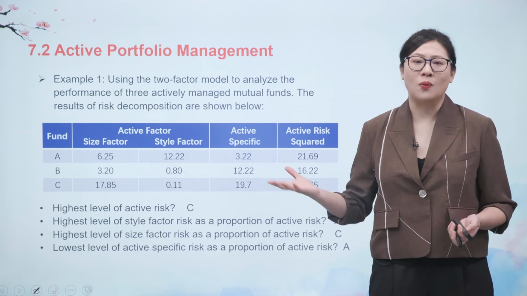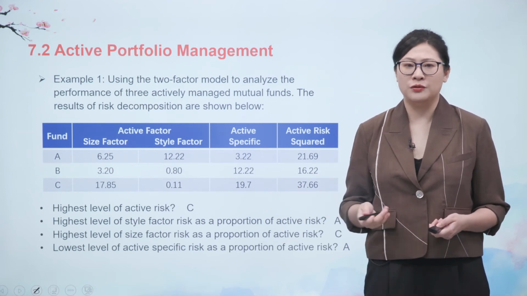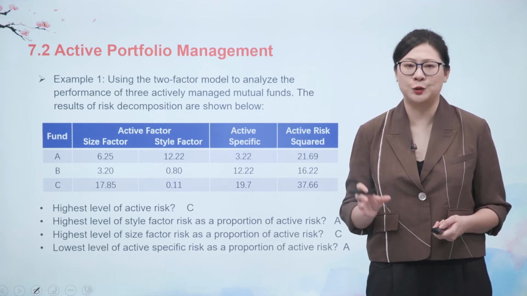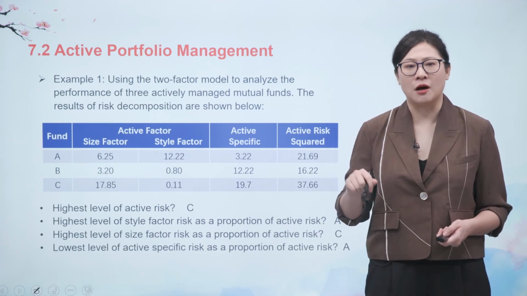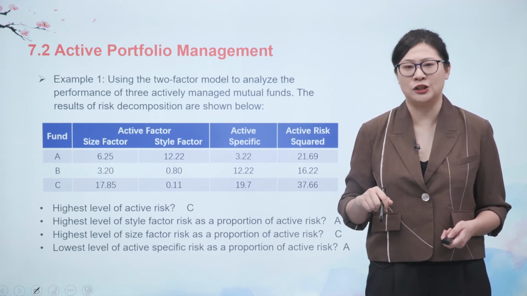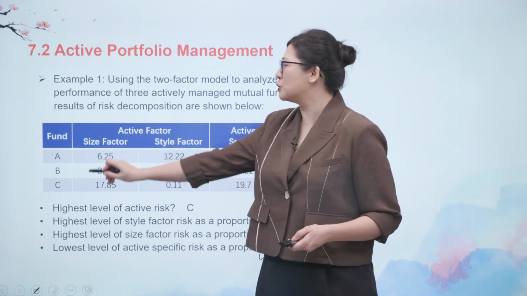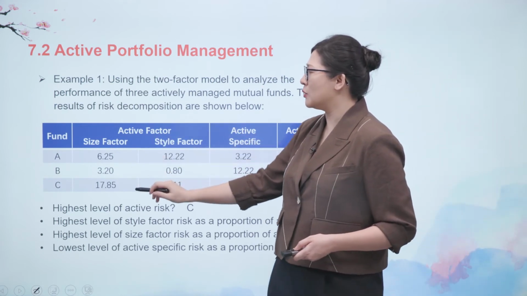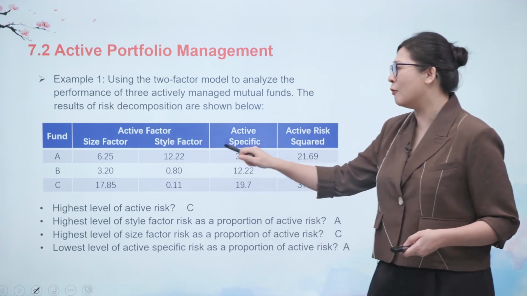Okay, let me show you one example for the active risk. Now we are using a two-factor model to analyze the performance of 3 actively managed mutual funds. The results of the risk decomposition are shown below. We have 3 different mutual funds, and the active factor risk for these funds is separated into size factor and style factor.